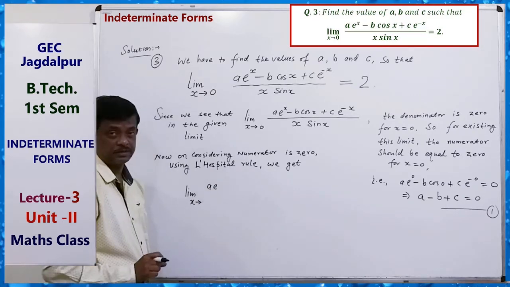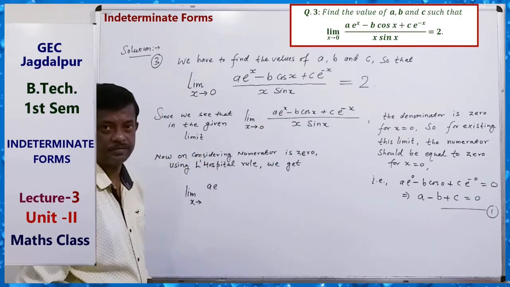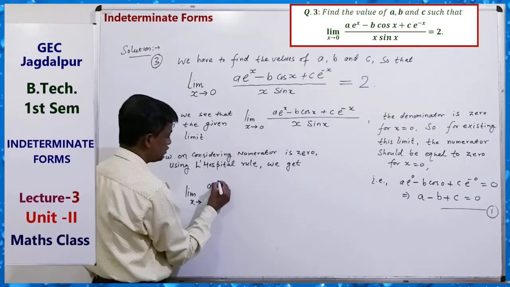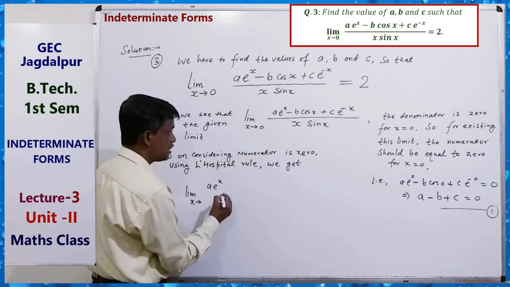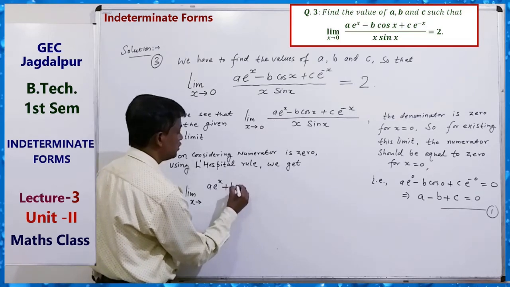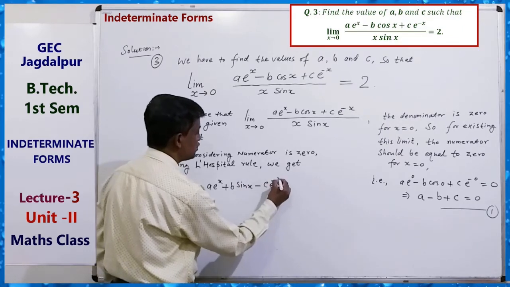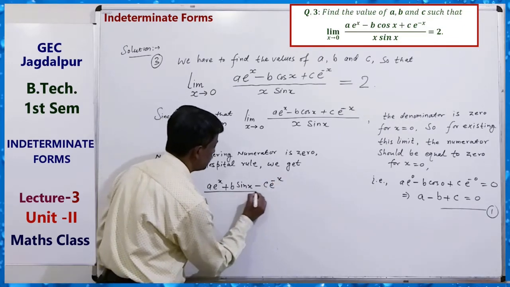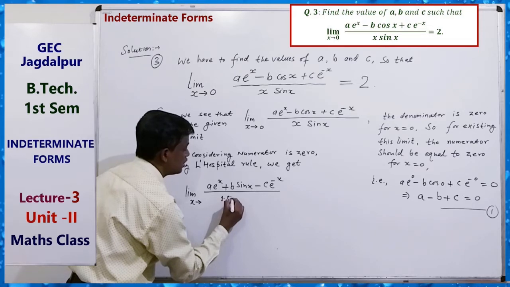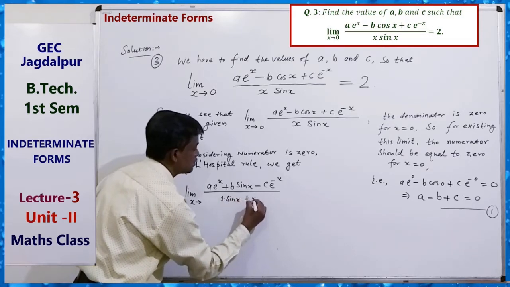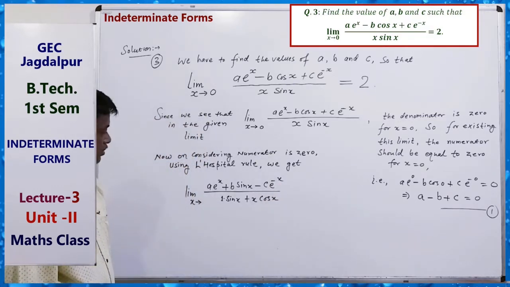Just differentiate it. L'Hospital rule means differentiate the numerator and differentiate the denominator in this limit. So a e to the power x, then the derivative of cos x is minus sine, so plus b sin x, and minus c e to the power minus x. This is the differentiation of the numerator upon the differentiation of the denominator, x into 1 into sin x plus x cos x.